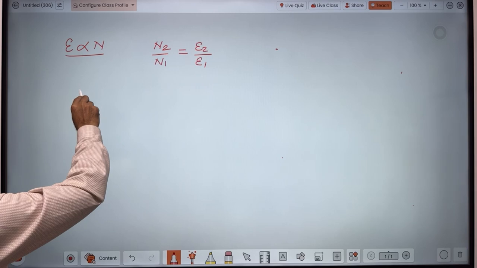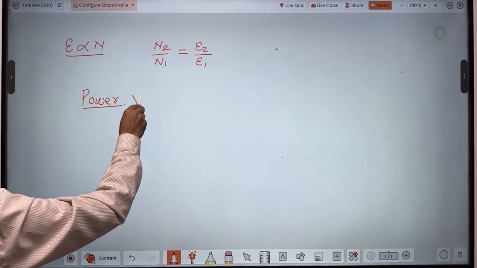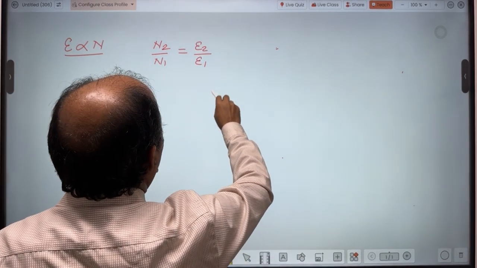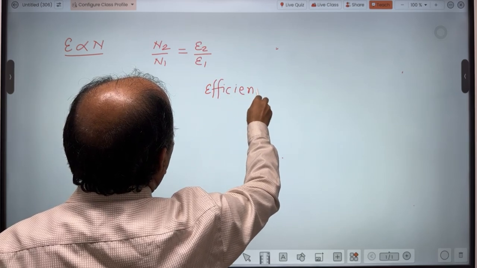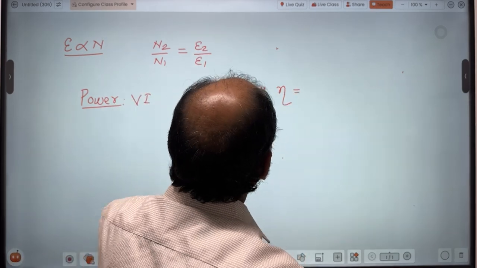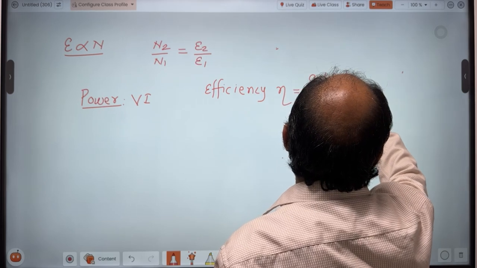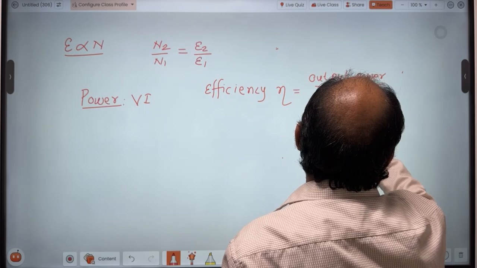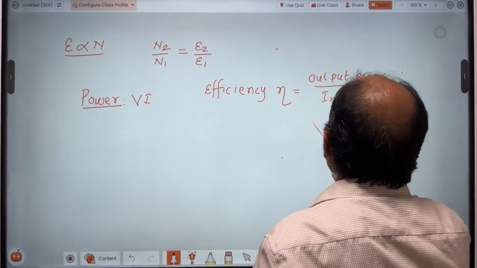And if we say power, so power is VI. So here we write efficiency, say eta. If efficiency is 100%, then we write output power divided by input power, which will be 1.